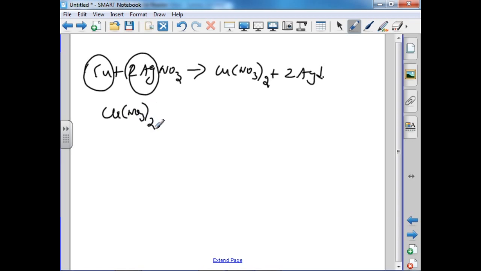Cu(NO3)2 plus 2Ag giving Cu plus 2AgNO3 is not possible because the electron donating capacity is maximum in copper. In this reaction copper is the electron donor and silver is the electron acceptor. So a reverse process is not possible.